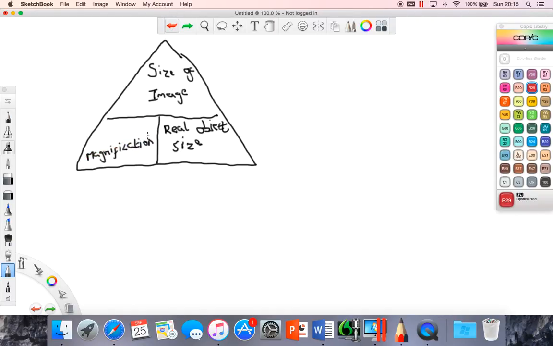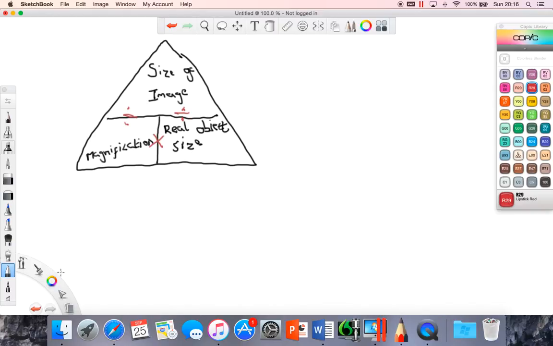If I wanted to find the size of the image, I would put my thumb over the size of the image, and that tells me I need to do the magnification times the real object size. Or if I wanted to find the real object size, I would put my thumb over that, and it tells me I need to do the size of the image divided by the magnification. Just to clarify, sideways on these means times. When it's above and below, it means divide.